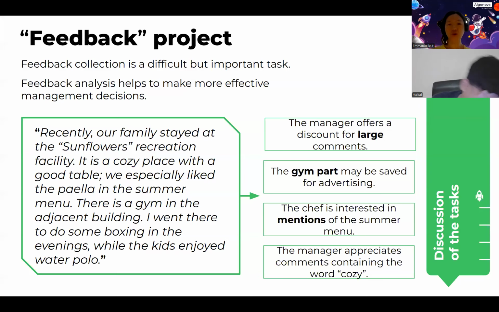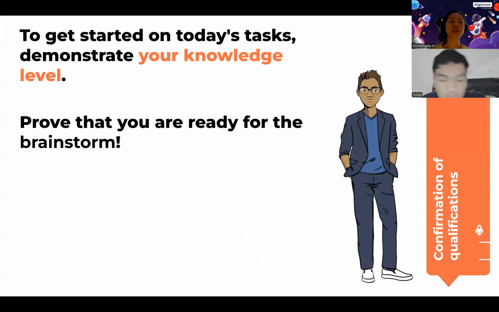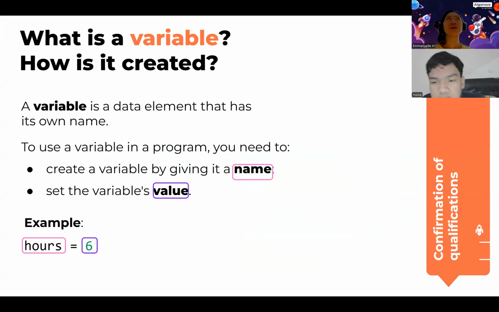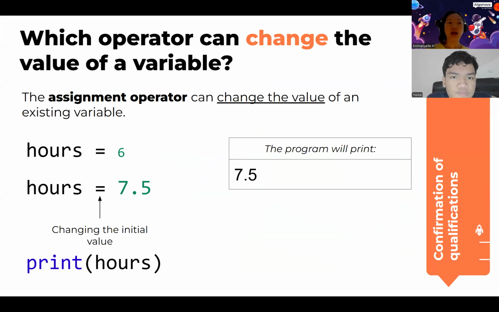Let's review what we learned on Saturday. Last Saturday we learned about variables. A variable is a data element that has its own name and is used to store data. This is the example: the variable name is hours.